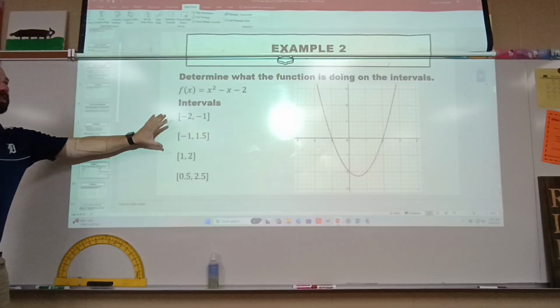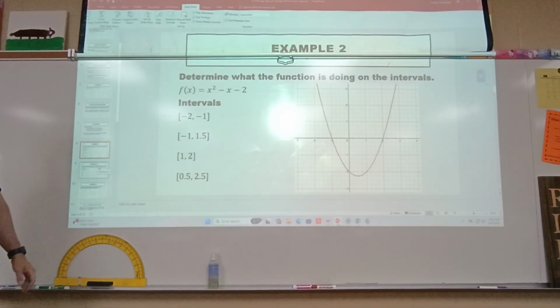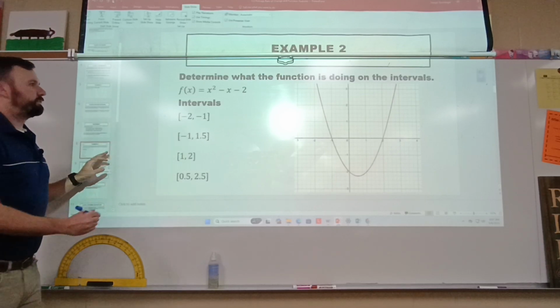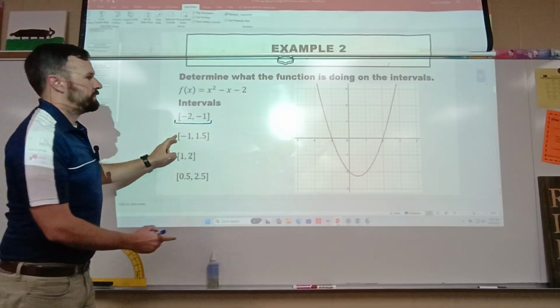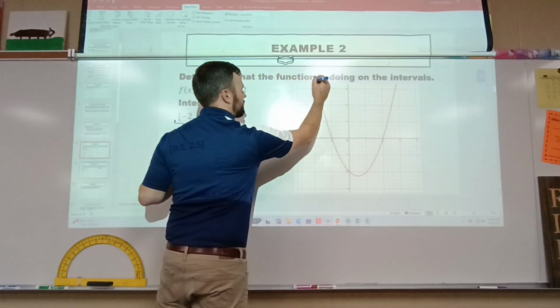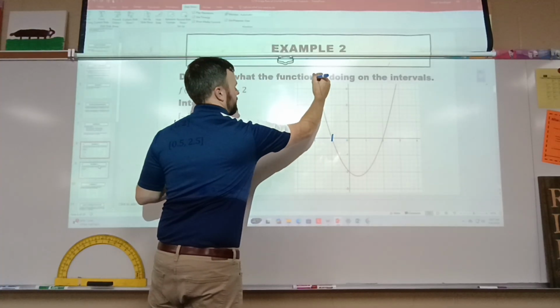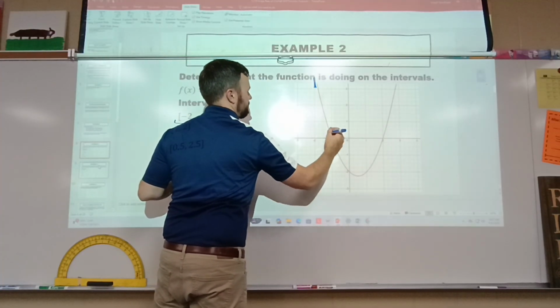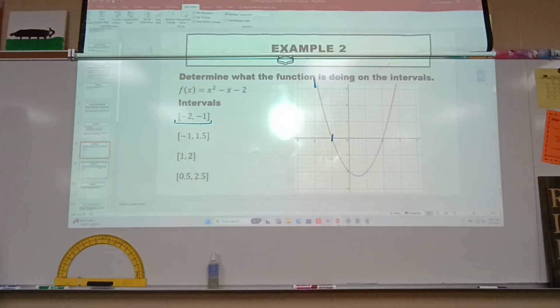So let's talk about now this graph. We're adding a new vocab to how we can describe it. Intervals from -2 to -1. So from -2, somewhere up here, to -1. So I'm going from there to there. What is happening to my graph? Is it going up or down or staying the same?